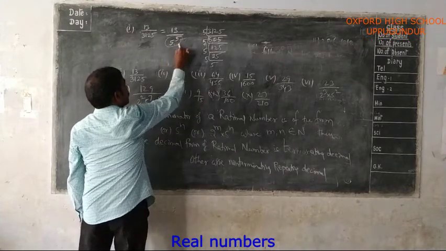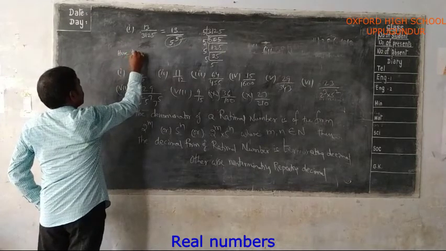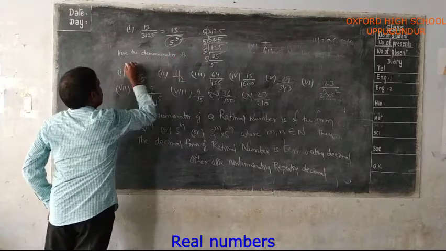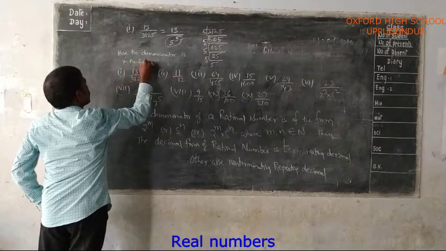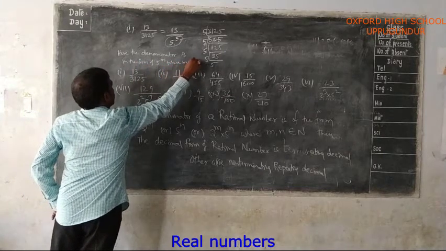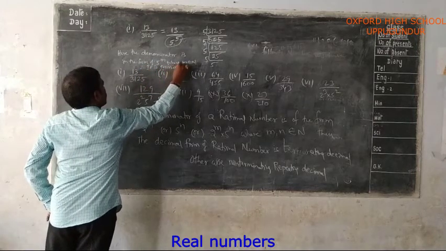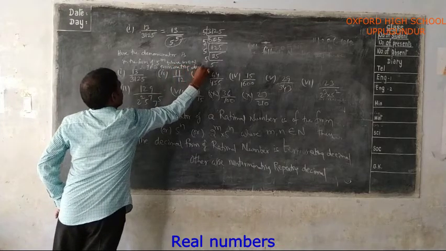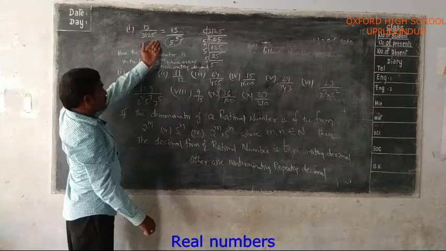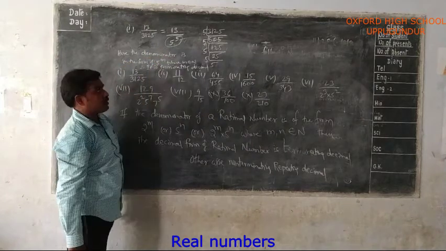Here the denominator is in the form of 5 power m, where m belongs to N. Therefore, it is a terminating decimal. So without the actual division, like this you have to check. Here the denominator is in the form of 5 powers. That's why it is a terminating decimal.